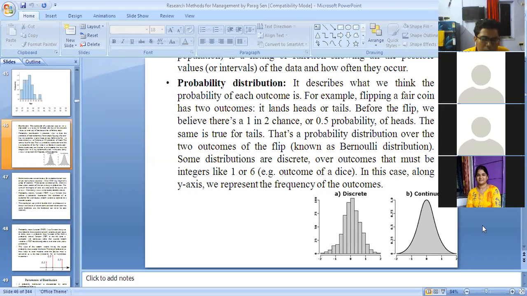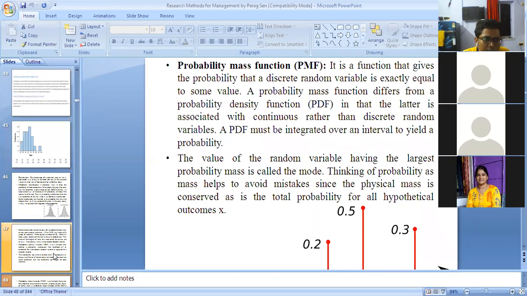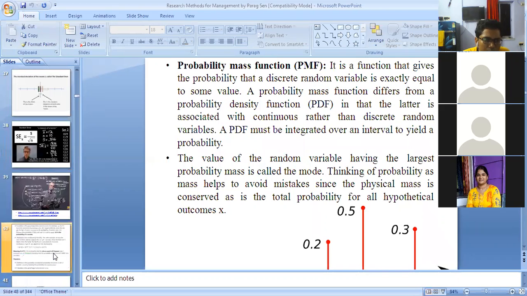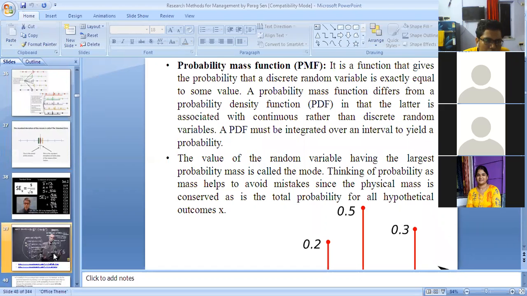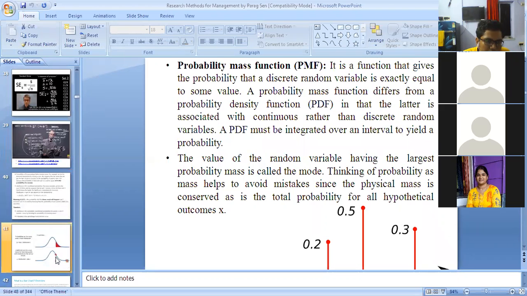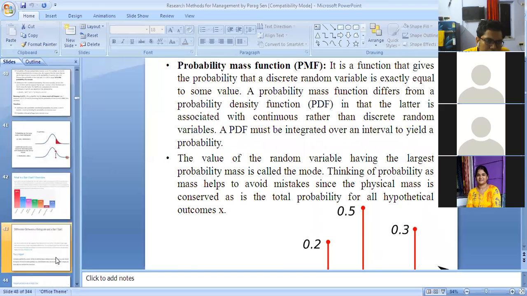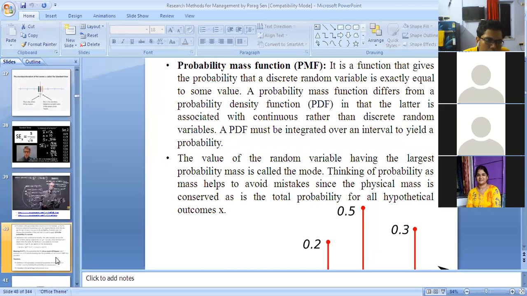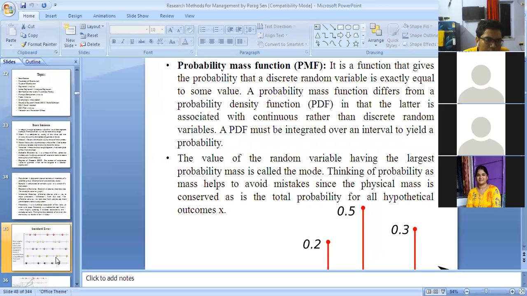In that case, from that line, from negative infinity up to 45, that particular area you need to consider in order to find out the probability that the project will be completed within that particular day.